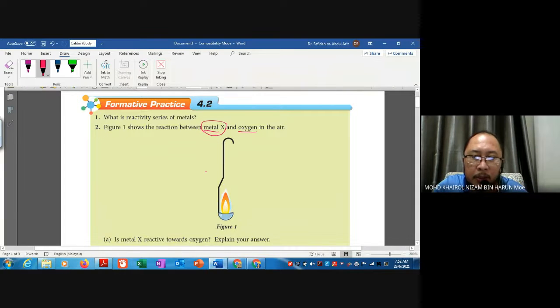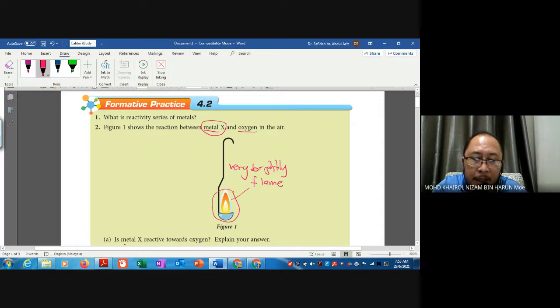We base it on the observation that we made. From this experiment, we can see that it produces a very bright flame.